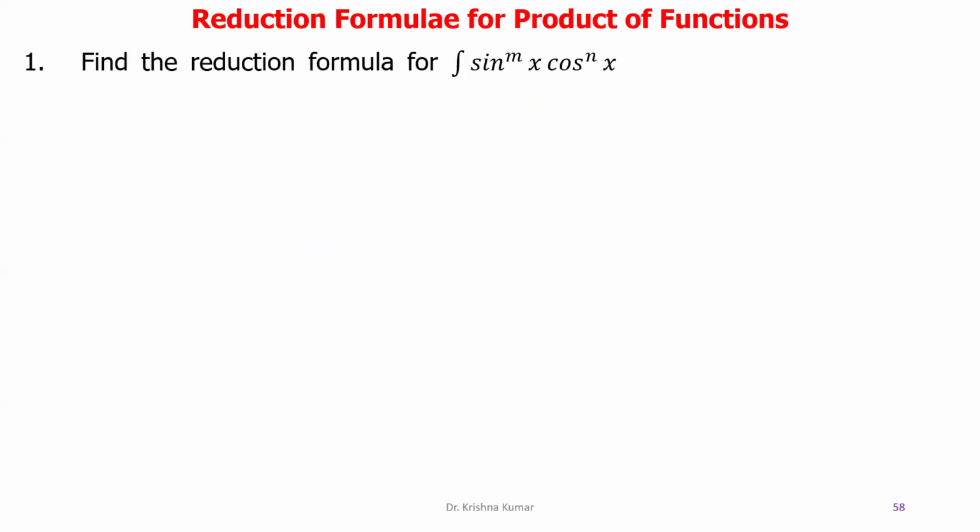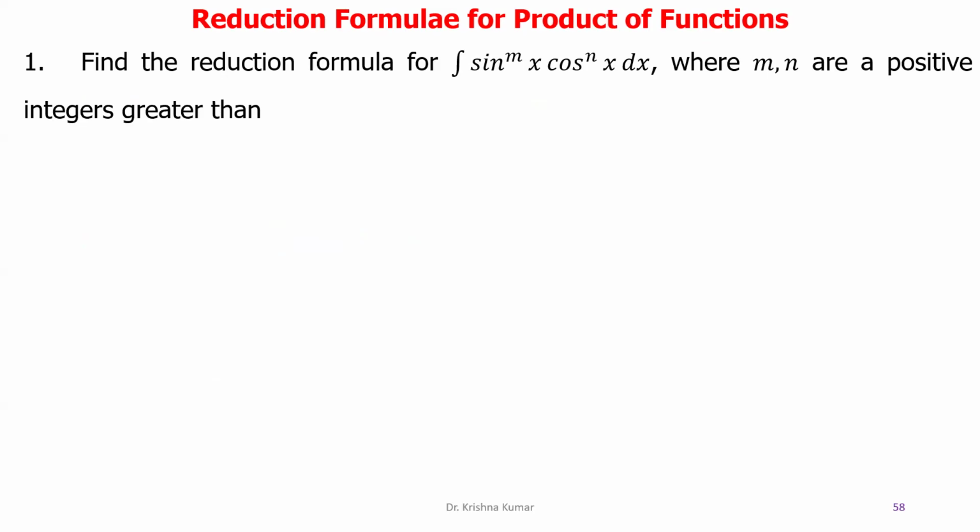So the question is, find the reduction formula for integration of sine to the power m x into cos to the power n x with respect to x, where m and n are positive integers greater than 2.